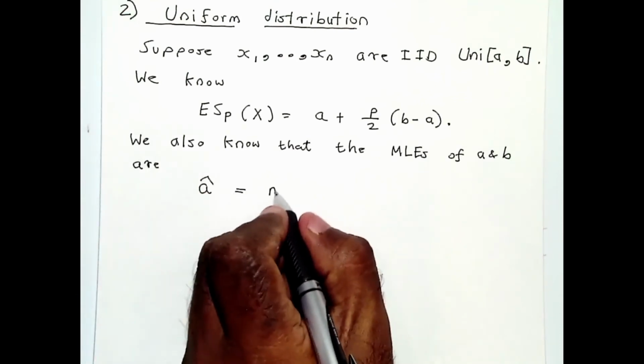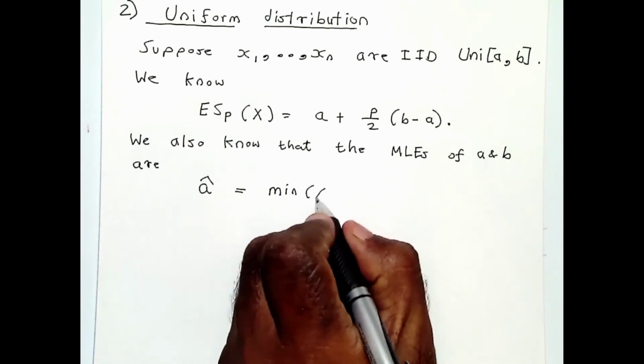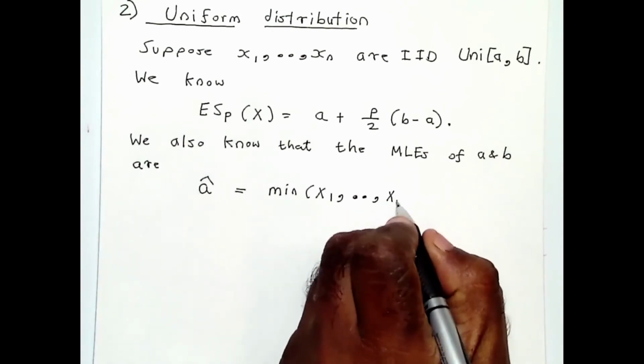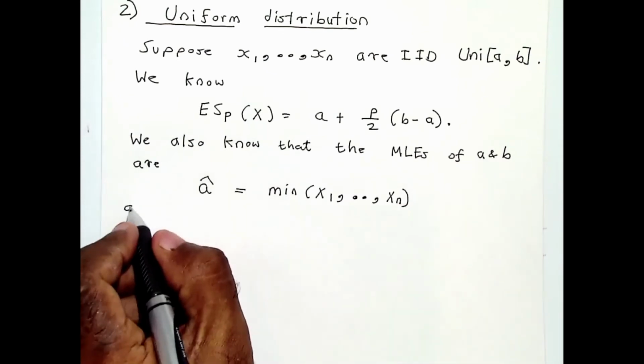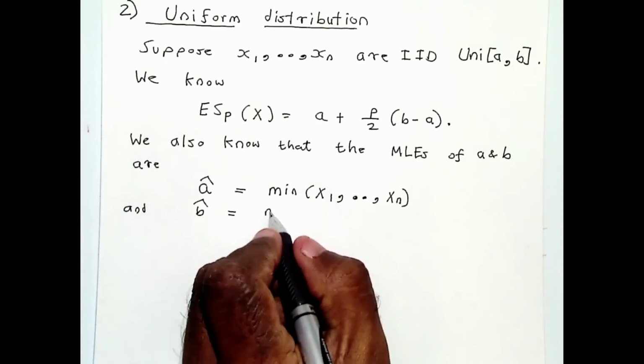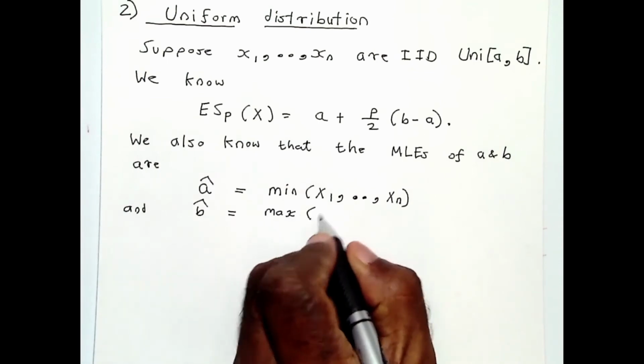MLE of A is the minimum of x1 to xn, and the MLE for B is the max of the losses.